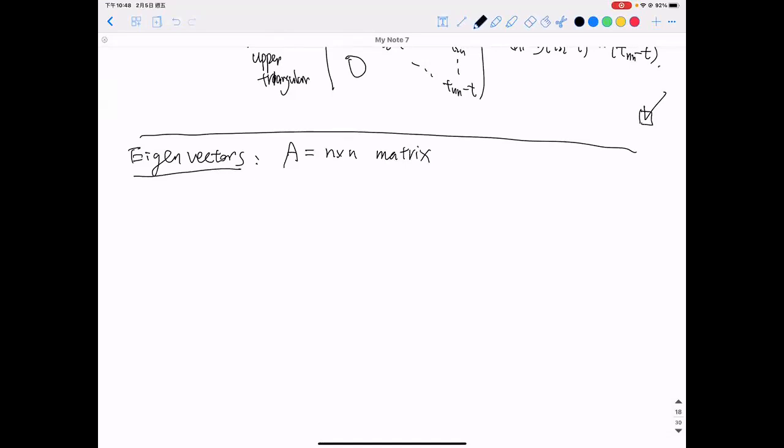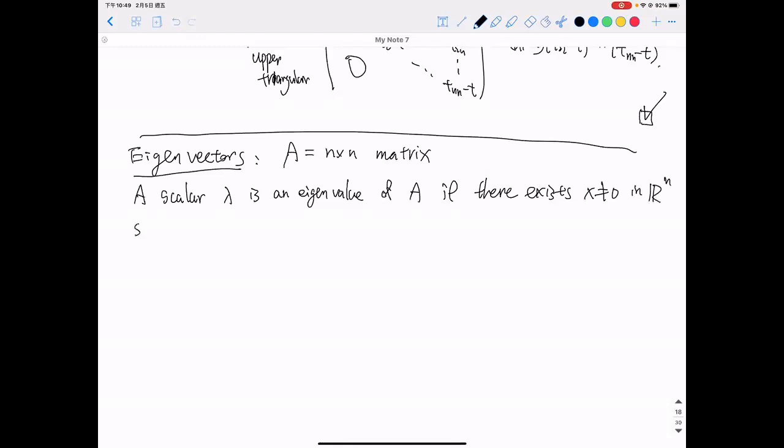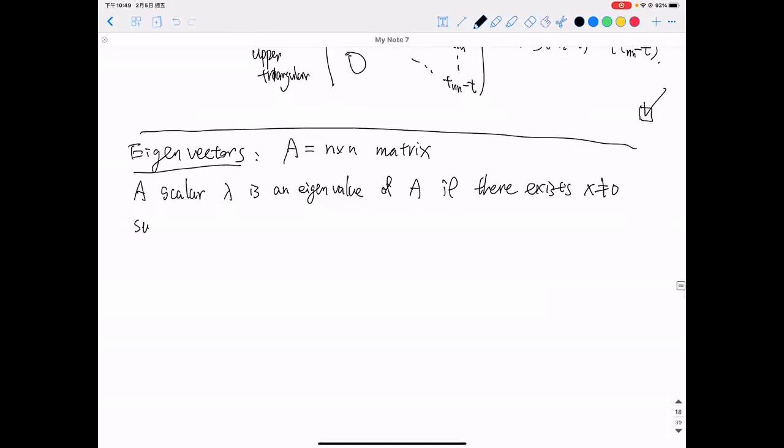And the definition is that a scalar lambda is an eigenvalue of A if there exists x not equal to 0, an n-dimensional vector, such that Ax is lambda x.